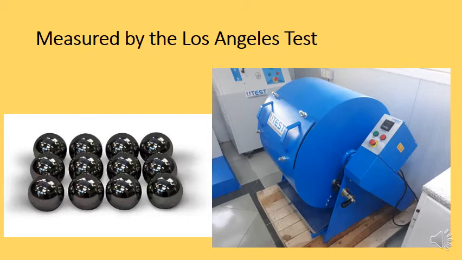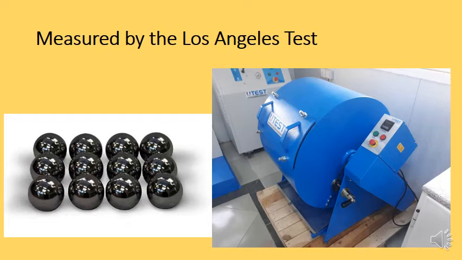And then you close the hatch where you can see that label, you tighten it, and then you turn the drum on, and it will basically spin for 500 revolutions. And what will be happening is these steel balls will be pounding into the aggregate like that. And they'll do this for maybe 20 minutes, and they will be pounding the aggregate into dust.